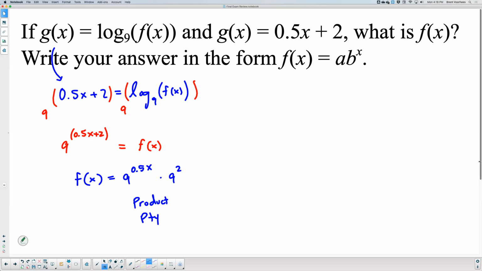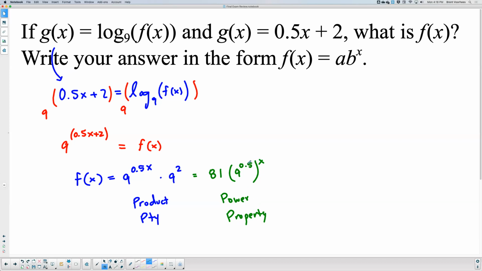Okay, now that 9 squared is 81. I can say 81 times 9 to the 0.5, and I'm going to put the x on the outside. That is the power property. I can break apart the factors of the power like that.